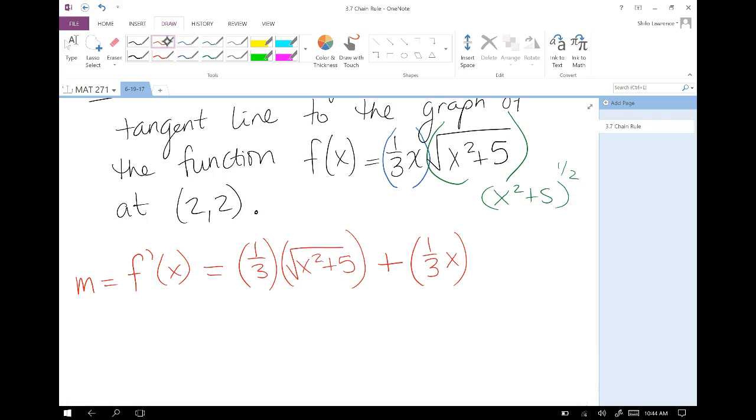So the derivative is going to be 1/2 x squared plus 5 to the negative half. That takes care of the outside part. And then times 2x will take care of the inside part.